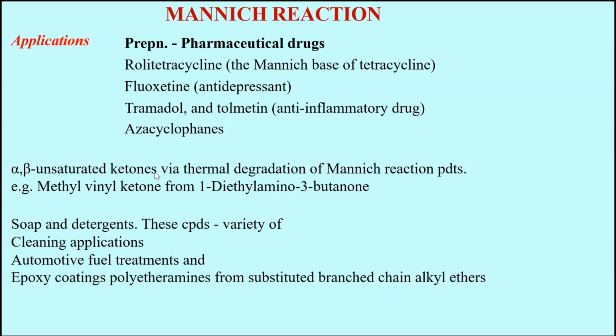Many soaps and detergents, which are used as cleaning agents, automotive fuel treatment, and epoxy coating phenol polyethylamines, all have been synthesized by using Mannich reaction. This is the gist of Mannich reaction and its applications.